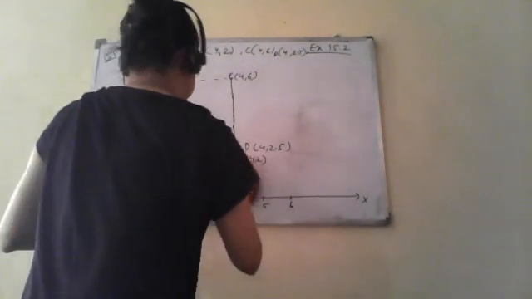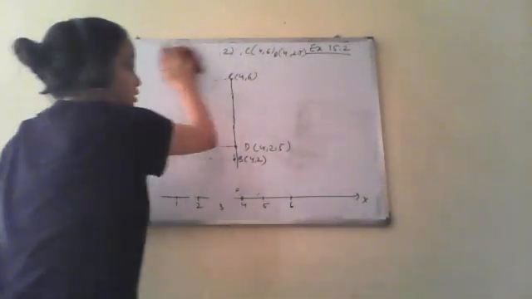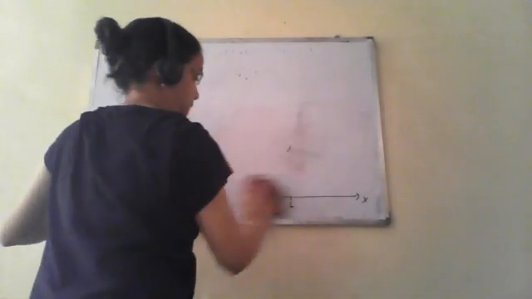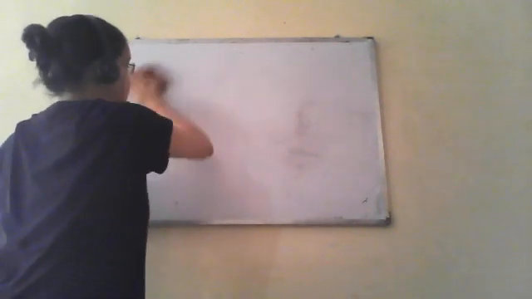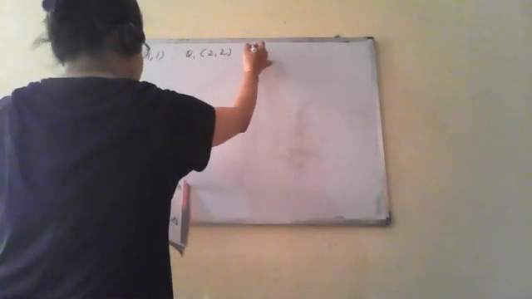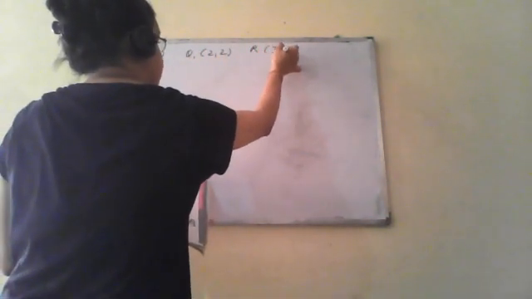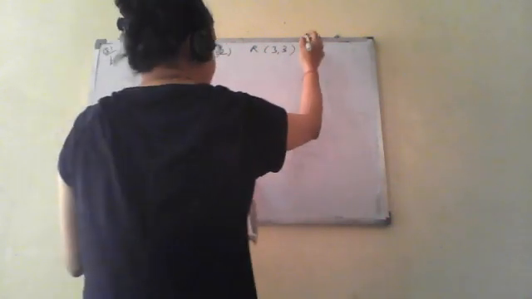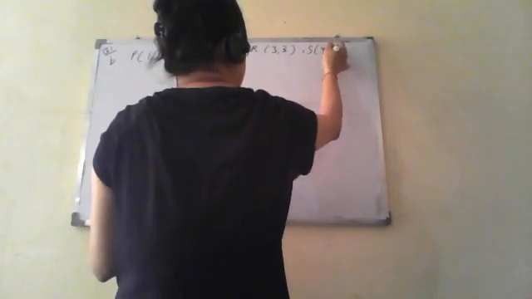Now we will see the next part. This is the first question, B part. The points are P (1, 1), Q (2, 2), R (3, 3) and S (4, 4).